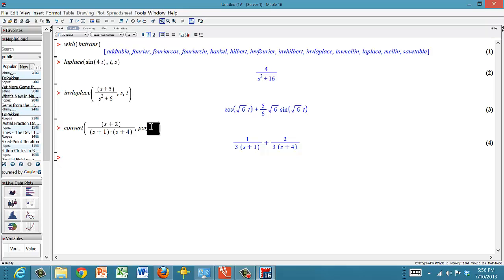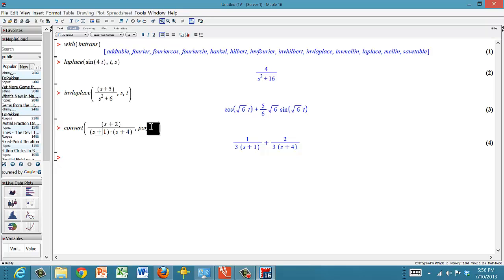Now be careful when you use this convert to parfrac. You really need to put in the times sign between these two. If you don't put in the times sign, then Maple doesn't do anything smart. It just does that. Okay, it did nothing there. If you put in the times sign, then it does what you think it should do. Of course, you don't have to put this in factored form.